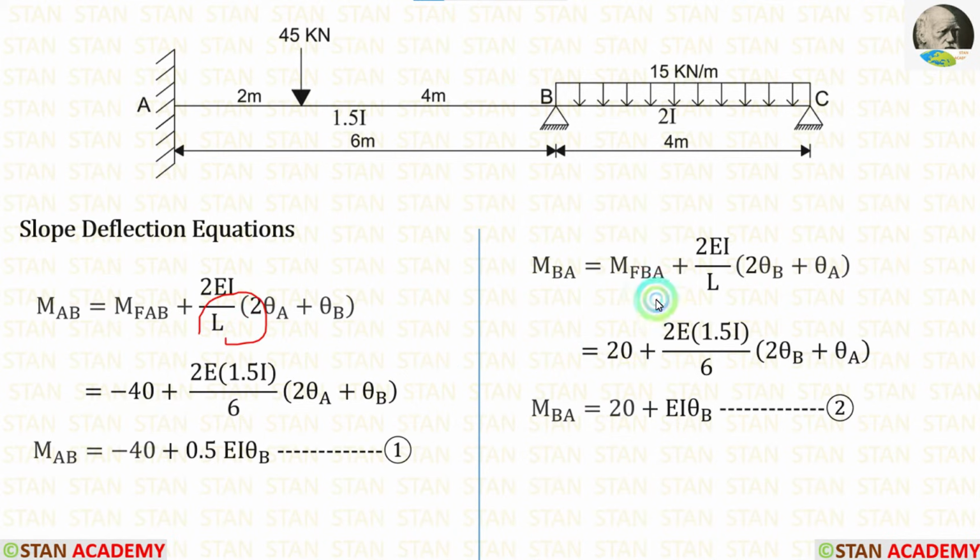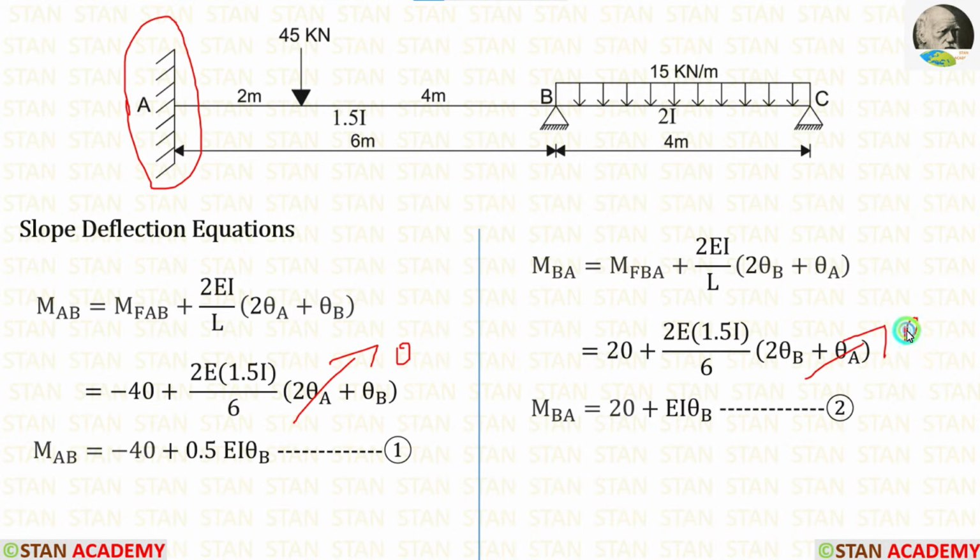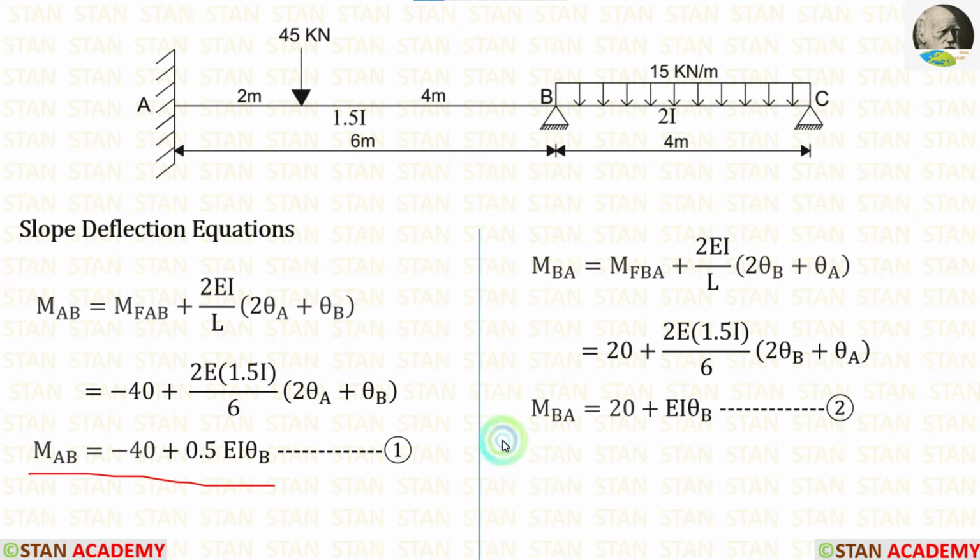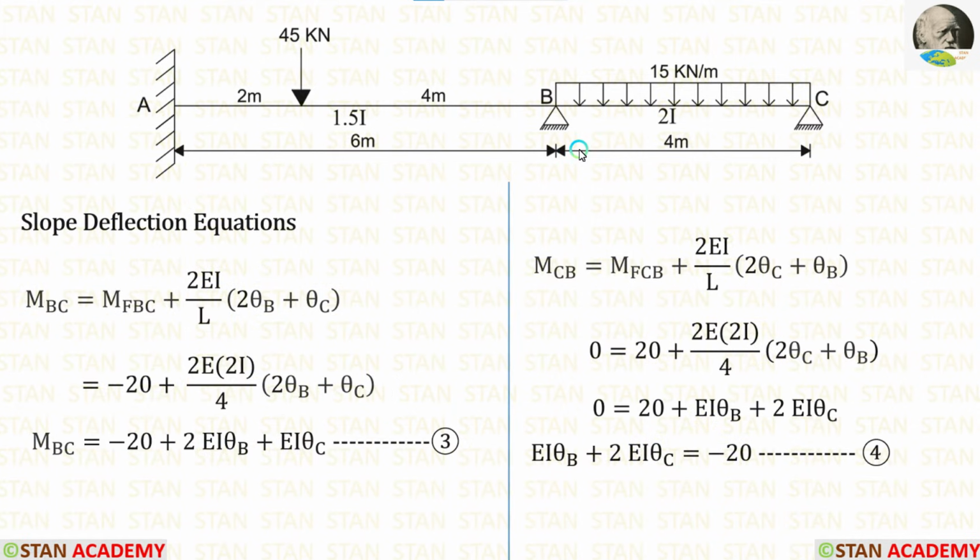The length of the span is equal to 6 meter. We can apply. In the fixed supports, there will be no slope. In the point A, we are having a fixed support. So theta A will be 0. We can cut theta A and make it as 0. Finally, we have made two equations.